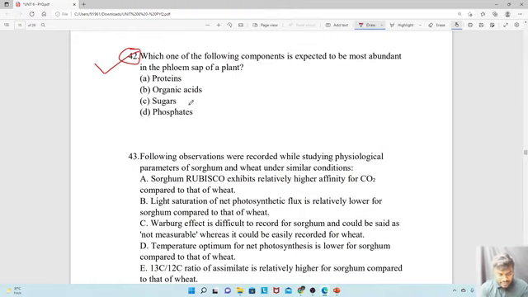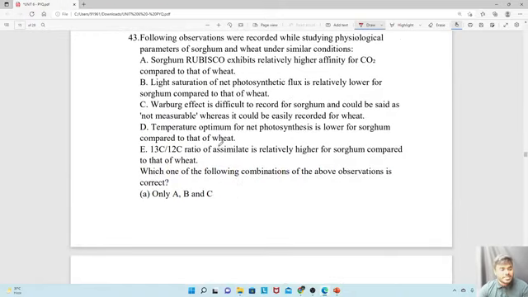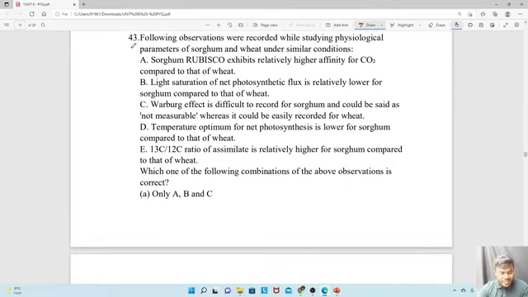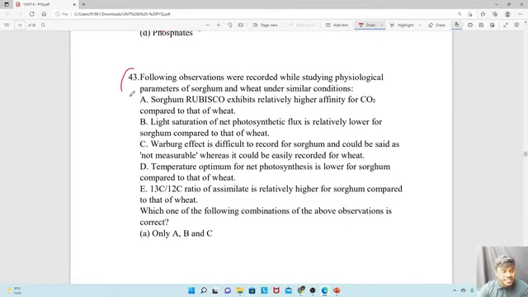It's absolutely true, sugars. Which one of the following components is expected to be the most abundant in the phloem sap of a plant? Sugars. Amazing. Okay friends, question number 43. It's a very logical question, friends. I want you to think and answer this.